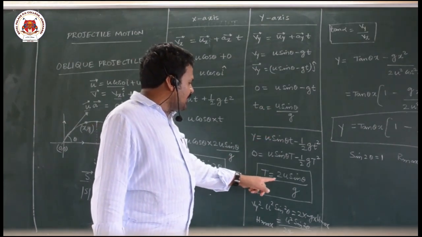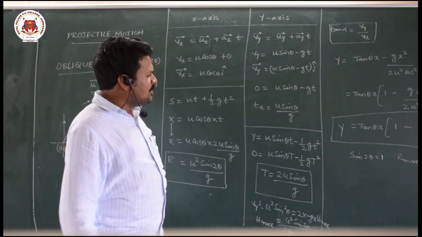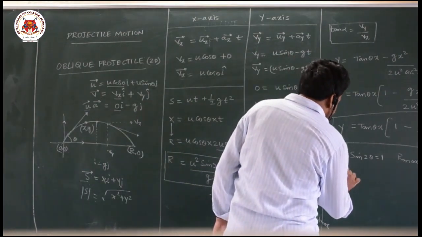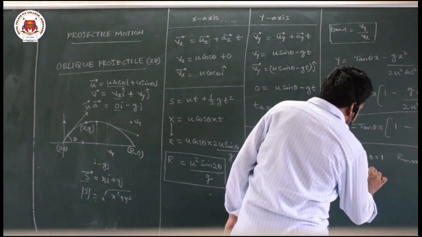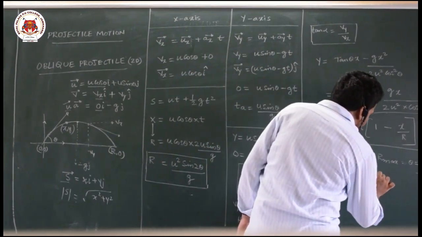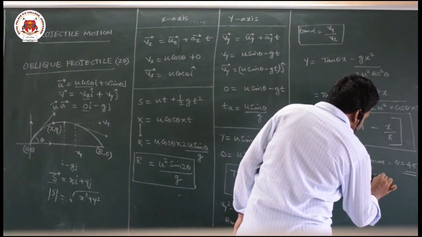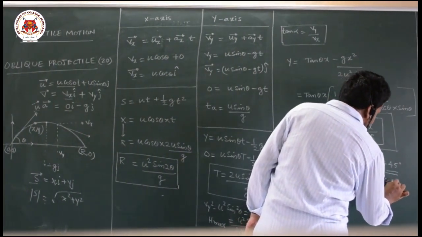Time of flight, what did you get? 2u by g, so yes, sin theta is extra. Along the x axis, it is a uniform motion with a velocity u cos theta.